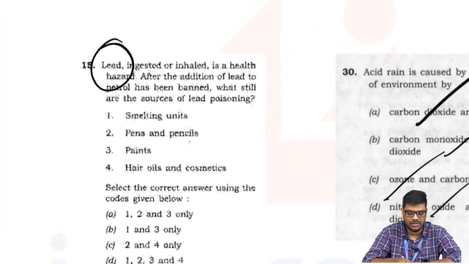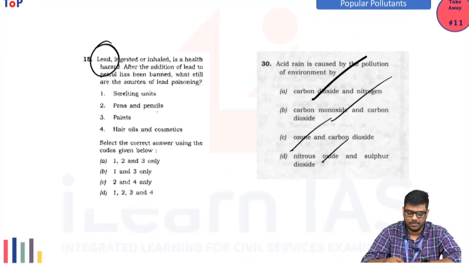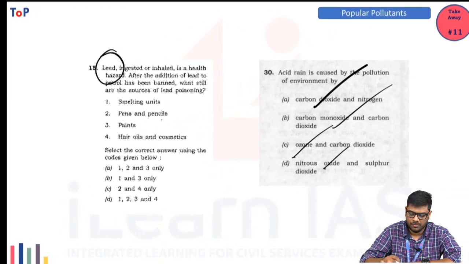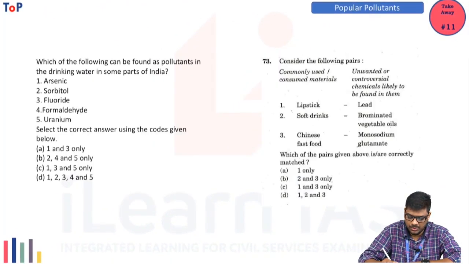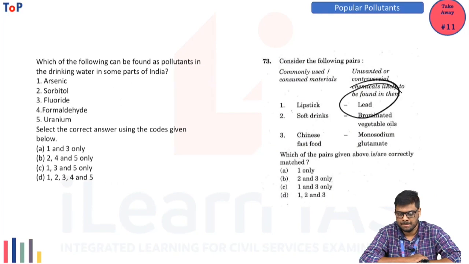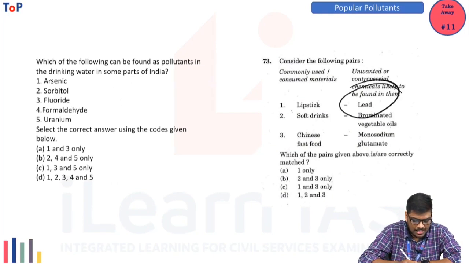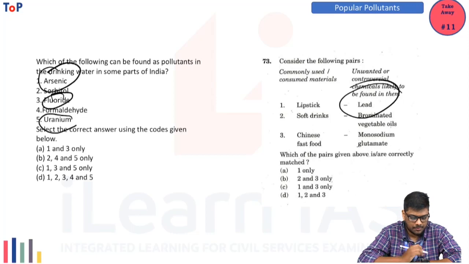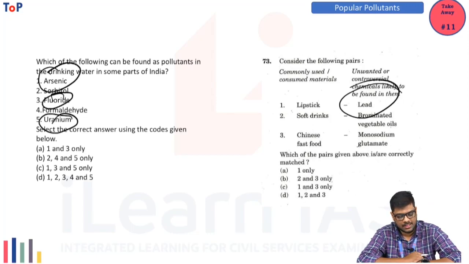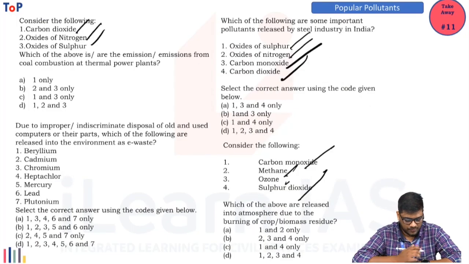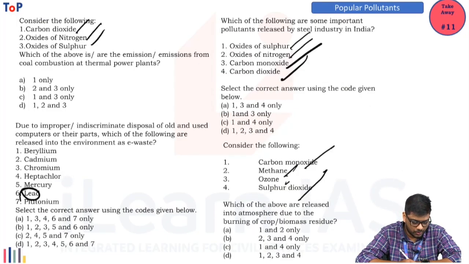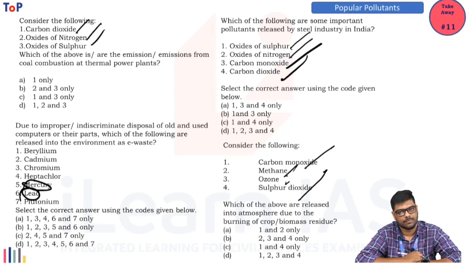Let me zoom it for you. Here we have lead in that question, and here also we have lead. Here we have arsenic, fluoride and uranium in this question. And here we have lead or mercury in this question.